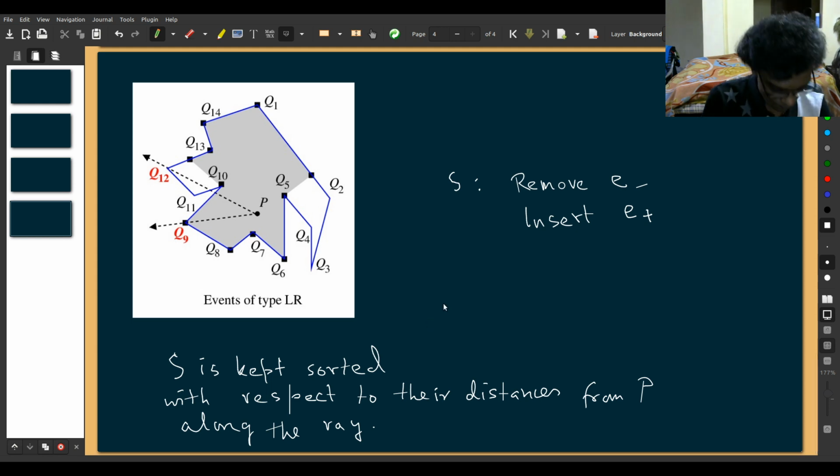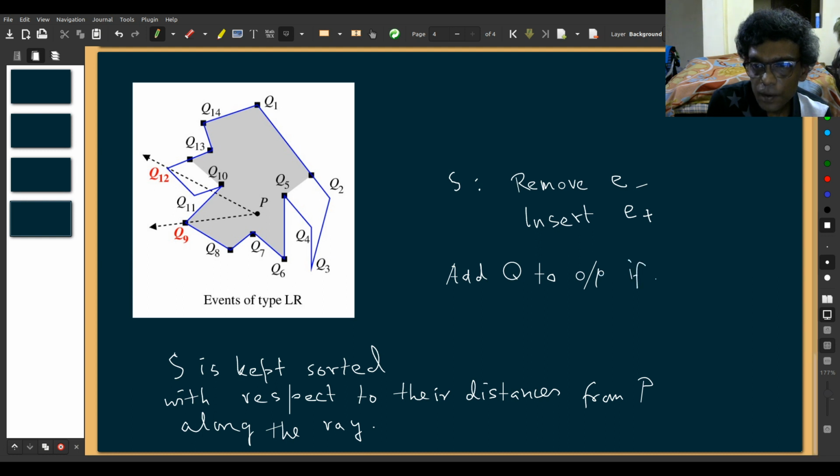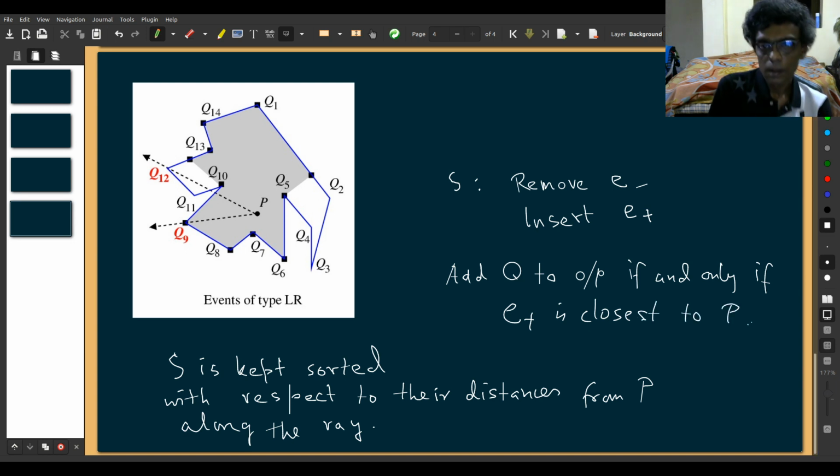Okay, so add Q to output if and only if E plus is closest to P. Okay, and of course I am also maintaining this set of events, so I will come to that, how to organize this event queue.